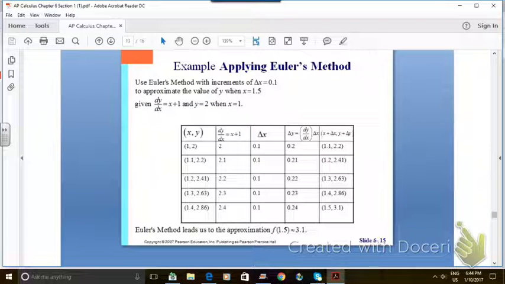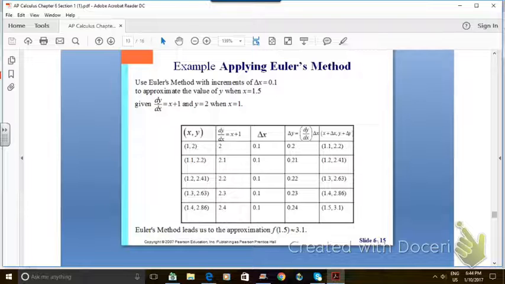So they give you where to start, 1, 2. You're going to go from 1 to 1.5 by steps of 0.1. So basically you're going to just do dy dx times delta x to figure out the delta y, and each time you're going to increase your x by 0.1, and you're going to increase your y by whatever delta y is. When you're done, you get your answer for y. So when x equals 1.5 in this problem, it's 3.1.